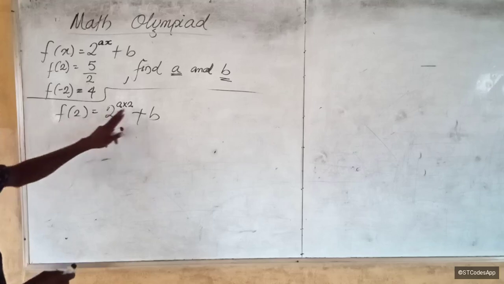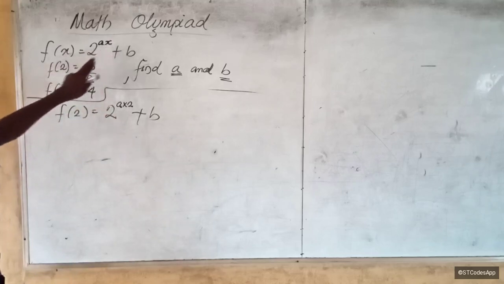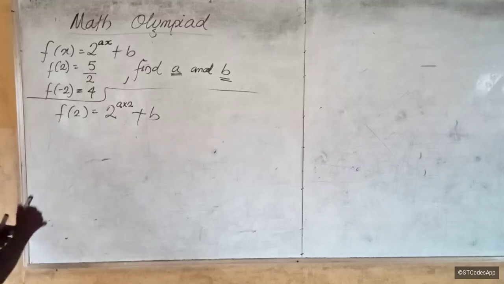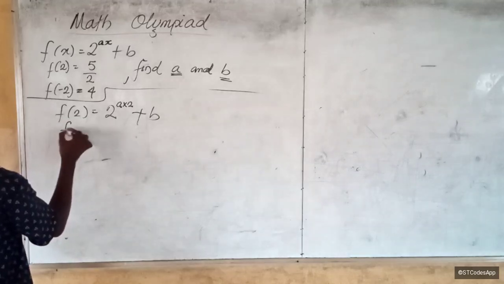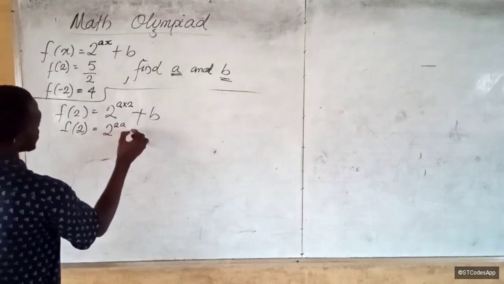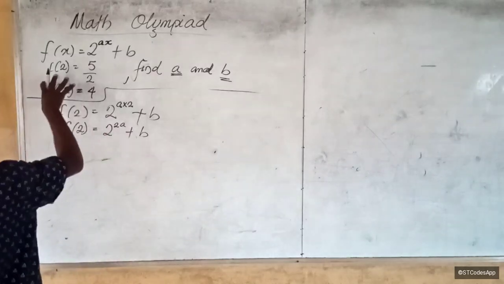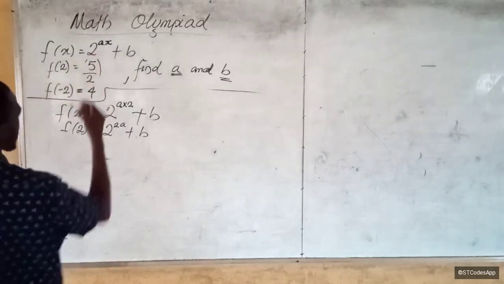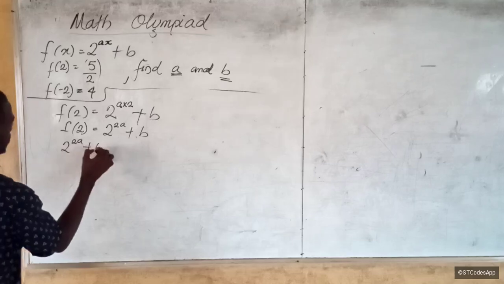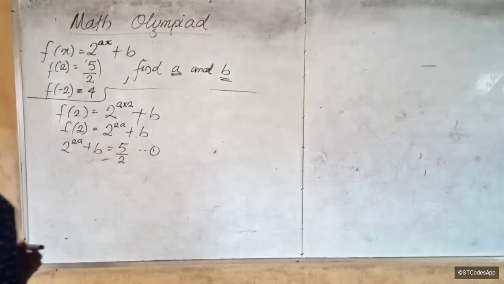We're putting 2 for x now. So f of 2 will be equal to 2 raised to the power 2a plus b, and this f of 2 was given to be 5 over 2. Definitely, this entire thing, 2 raised to the power 2a plus b, is going to be 5 over 2. So let's make this my equation 1.